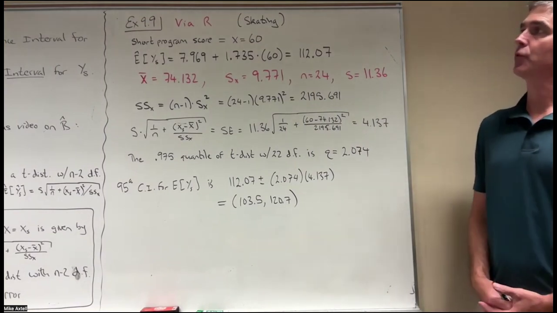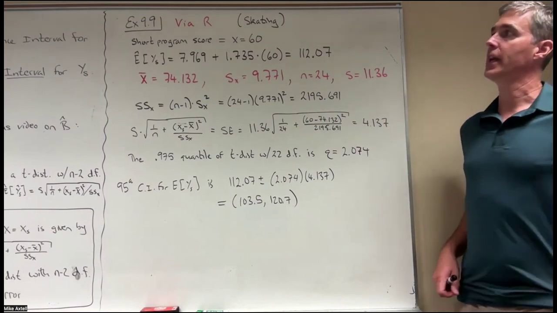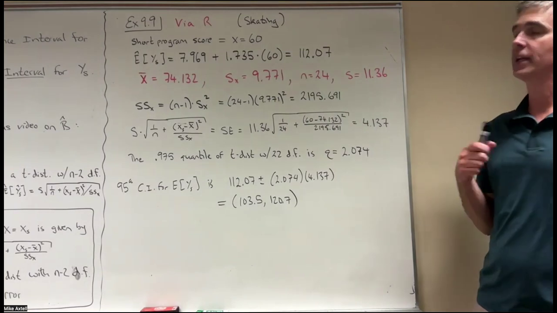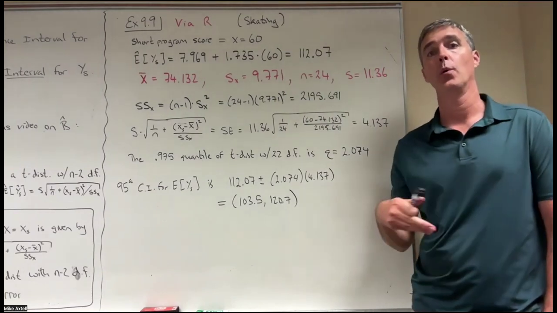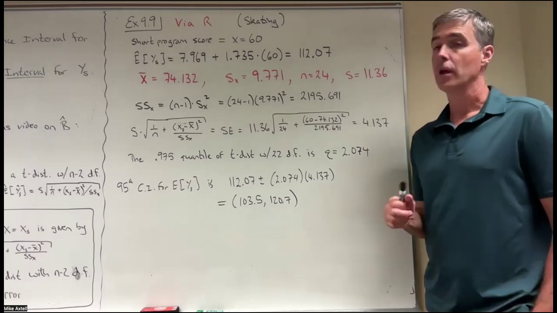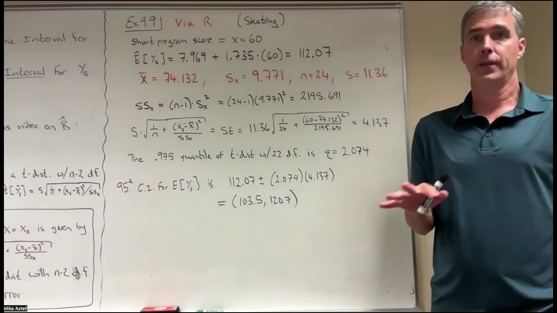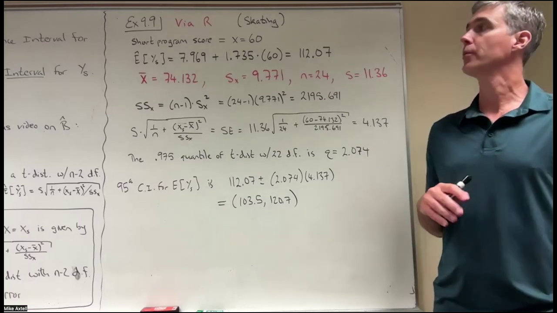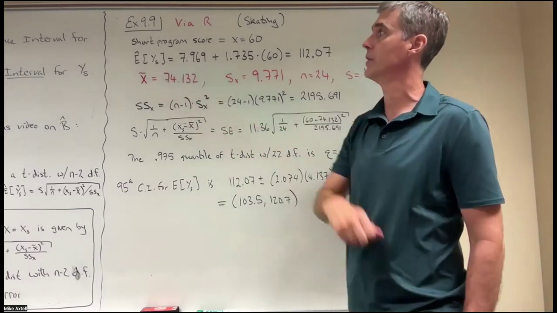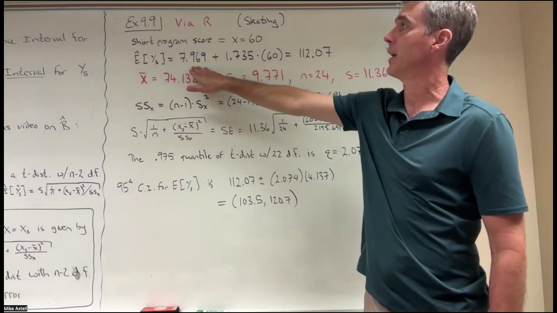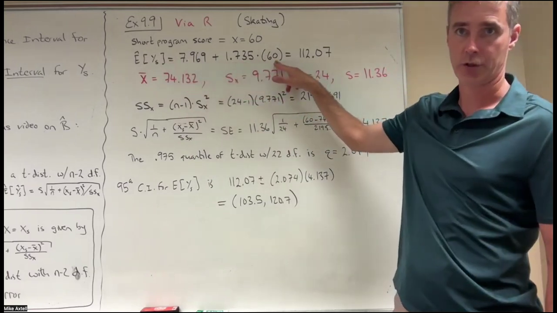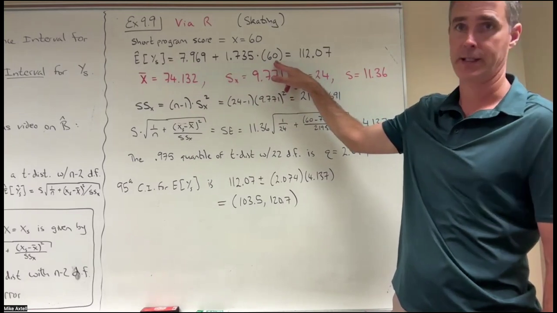So in this example, let's suppose a skater had a short score of 60, and we'd like to come up with a 95% confidence interval for what we expect their free skate score is. We've done this model before, so the linear regression line of best fit gives us that the expected value of our free skate score is 7.969 plus 1.735 times our short score, which in our case is 60.